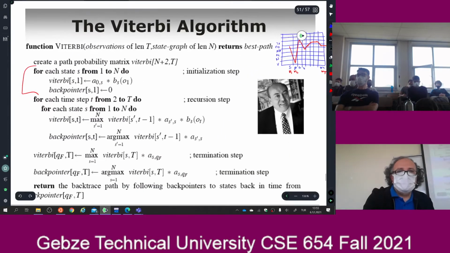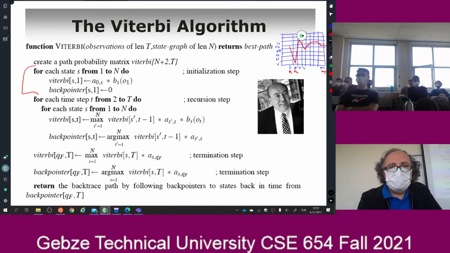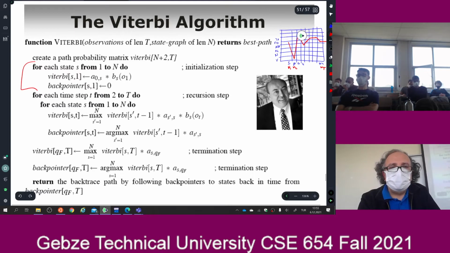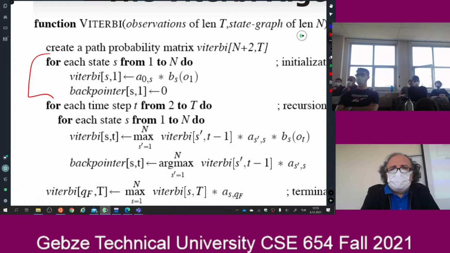Okay, so at the beginning you just fill in this column of the matrix. It says to multiply. Can you read this? These are the transition probabilities from 0 to S. S is the state.